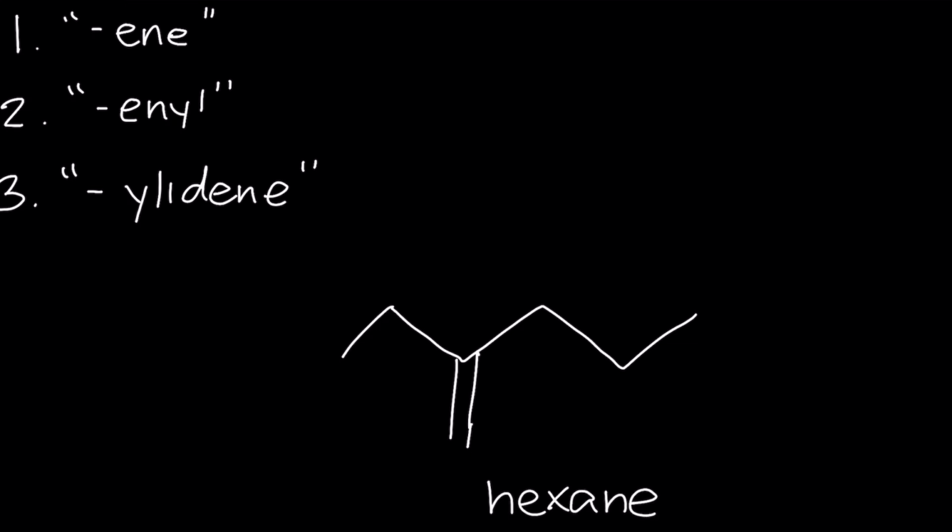This is either on the 1, 2, 3 or 1, 2, 3, 4. 3 is a smaller number. So it's going to be 3. And there is 1 carbon. So it's meth. And because only half of the double bond is a part of the longest chain, I'm going to use the -ylidene ending. So it's 3-methylidene hexane.